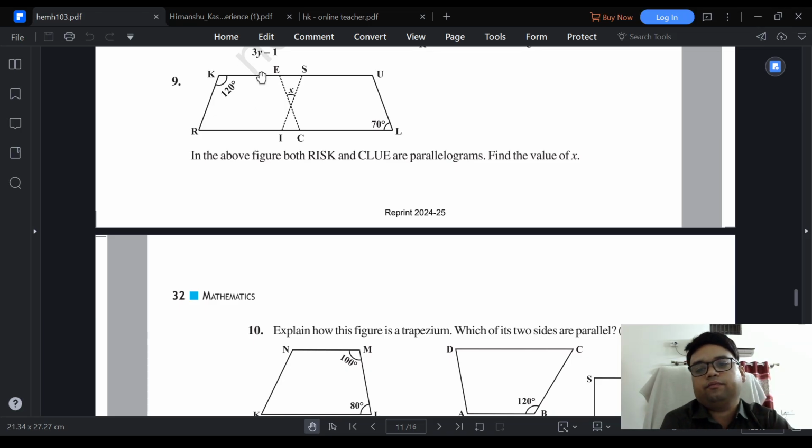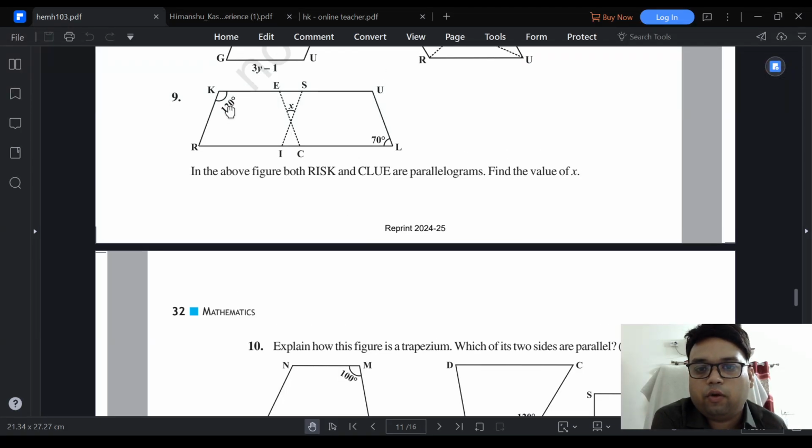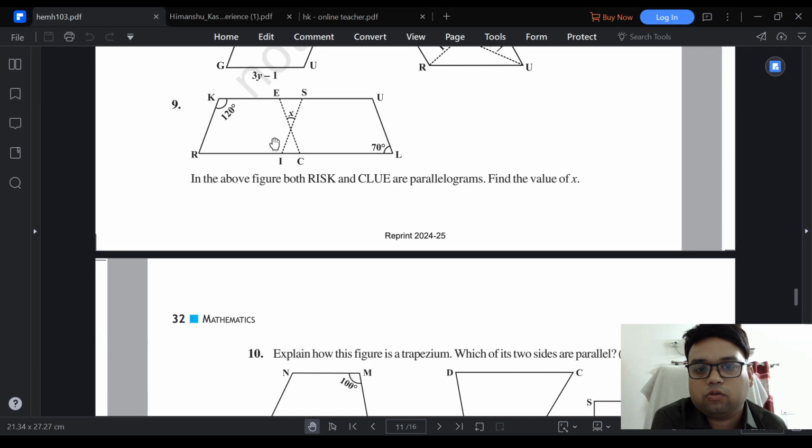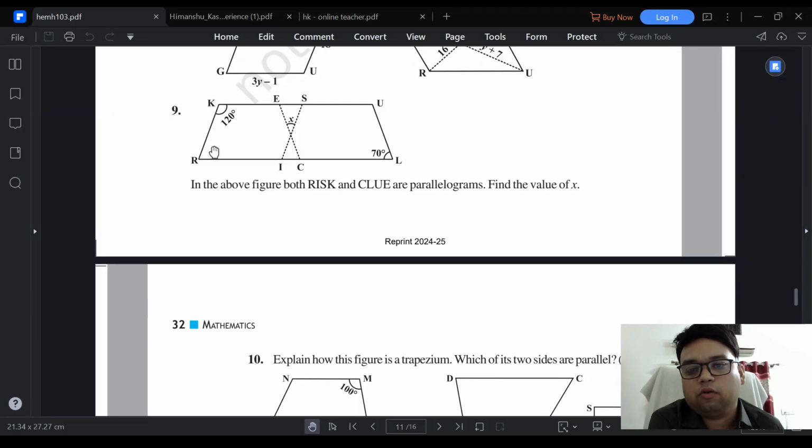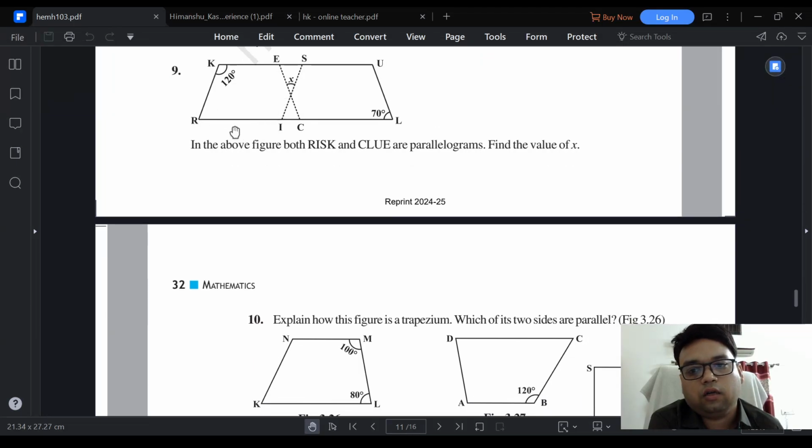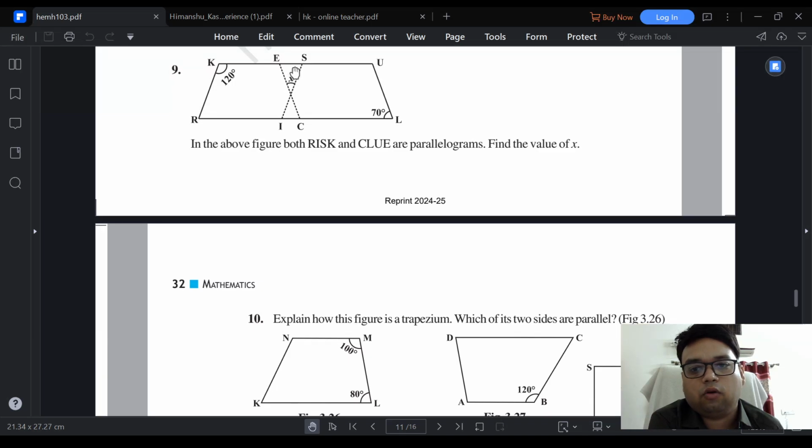Now here we have to use two properties. Look at here, if this one is 120 degree, therefore this one is also equal to 120 degree. If this one is equal to 120 degree, then this one is equal to 60 degree, and angle r is equal to 60 degree, therefore angle s will also be equal to 60 degree.